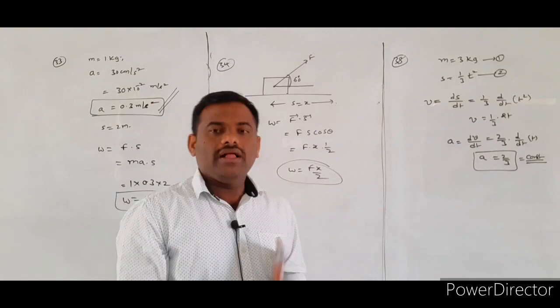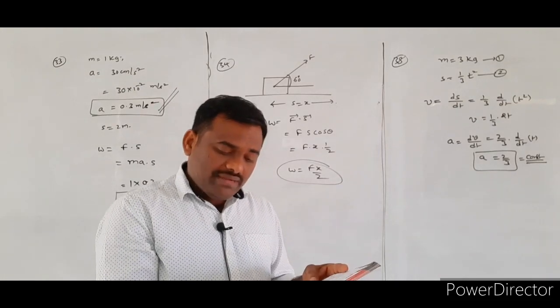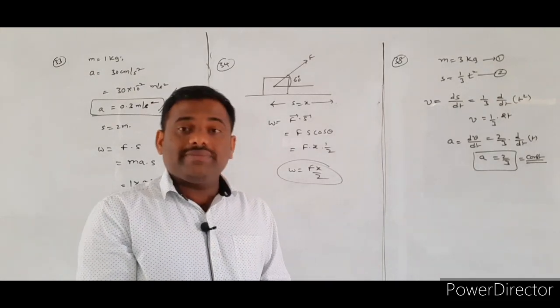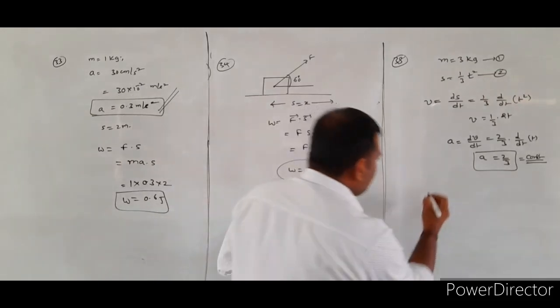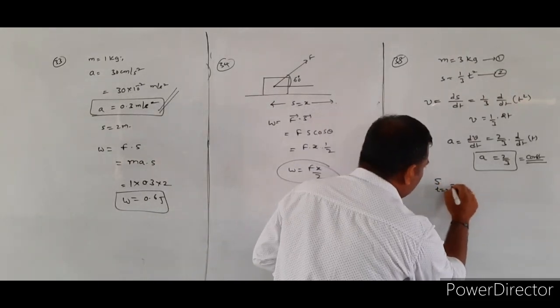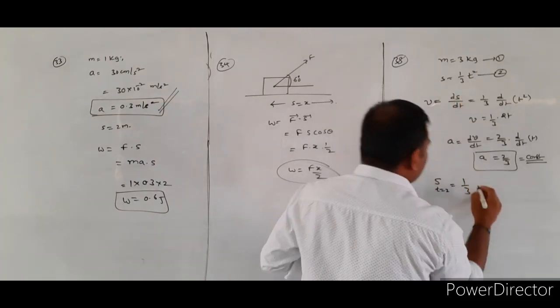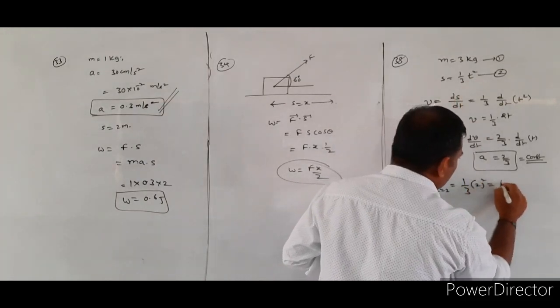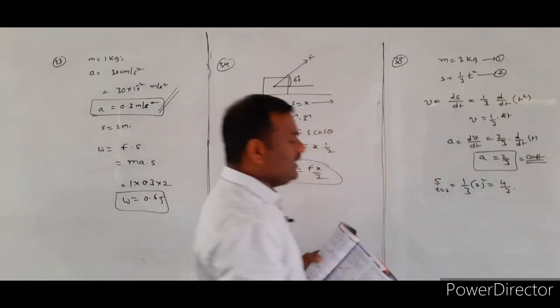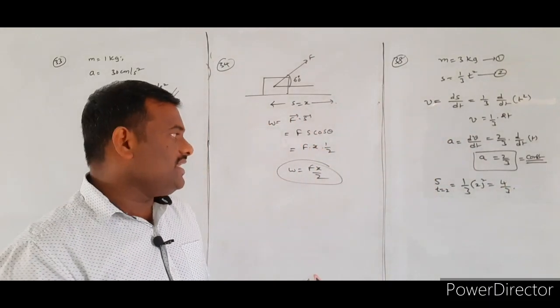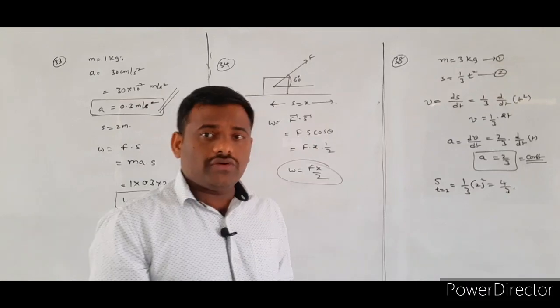But what we know, in a time of 2 seconds, what is the displacement covered by the object? Displacement covered by the object in 2 seconds is equal to 1 by 3 into, in place of t, we write 2 square, the value is equal to 4 by 3.